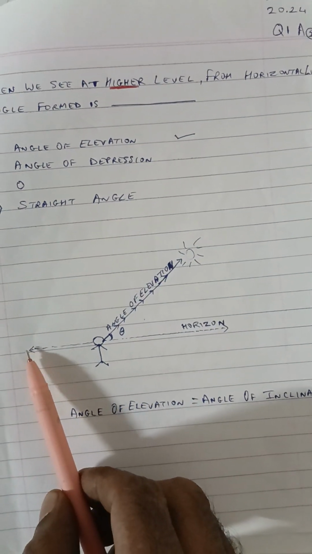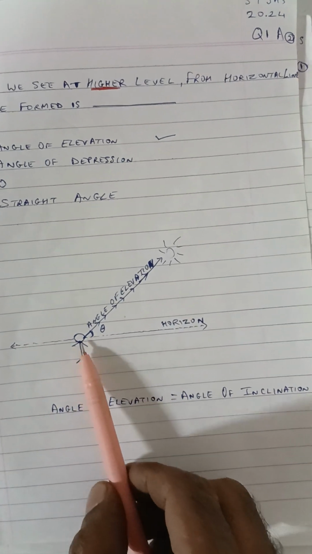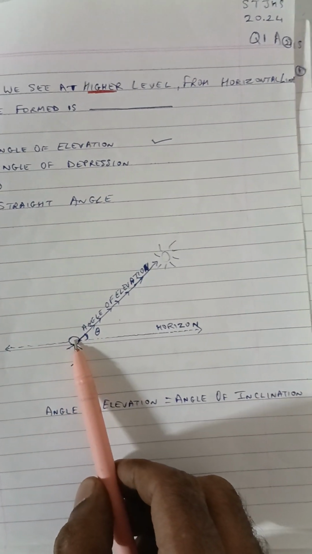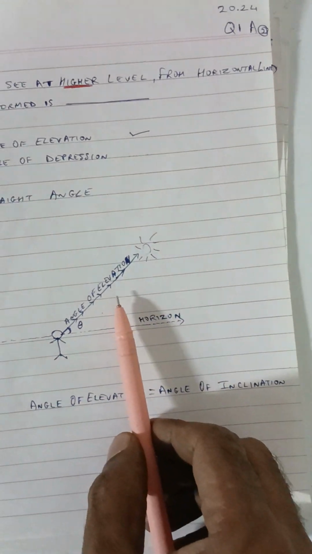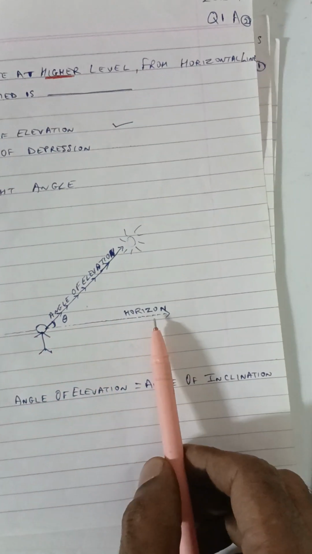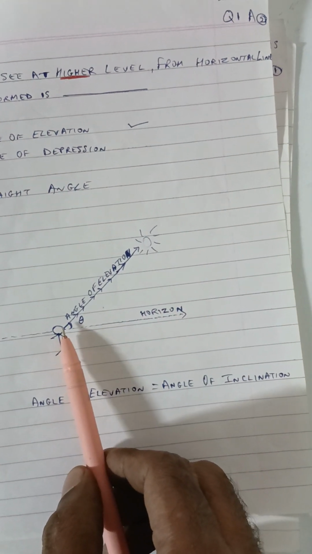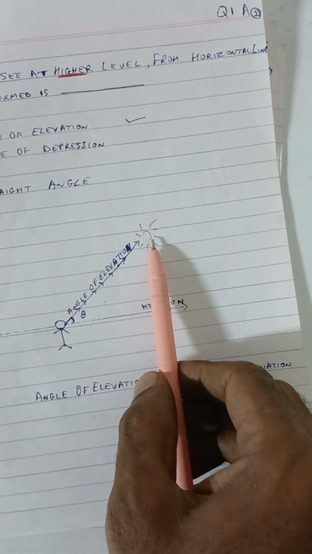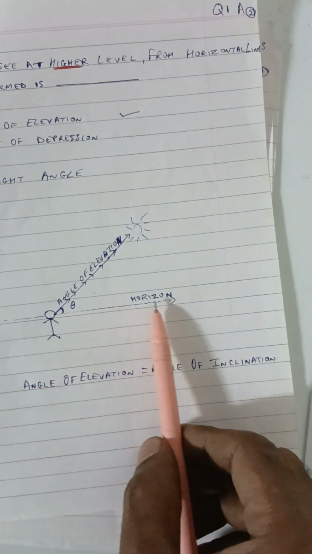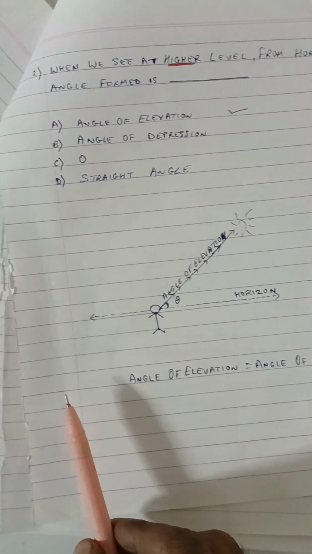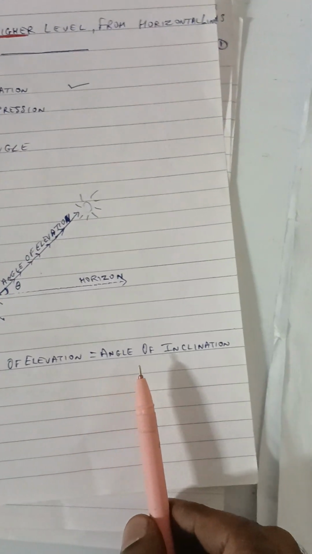Here we have a figure, a man standing, and the line which seems to be touching the sky and the earth is called the horizon. So if I keep a sun over here, this is called the angle of elevation with the horizon. Angle of elevation is equal to angle of inclination.